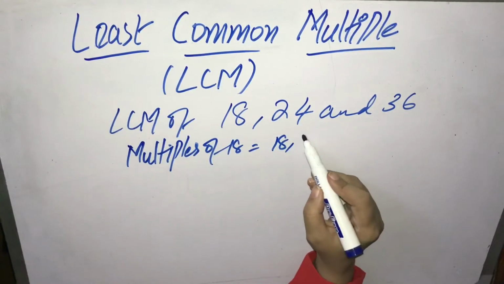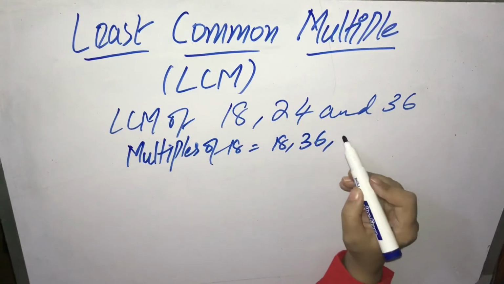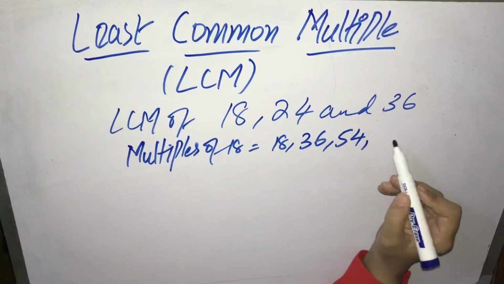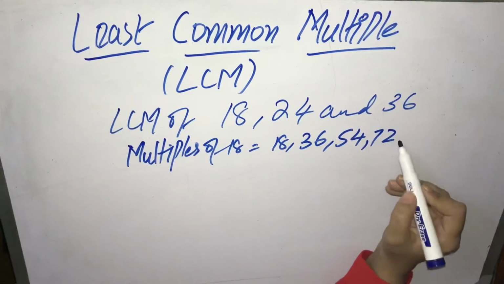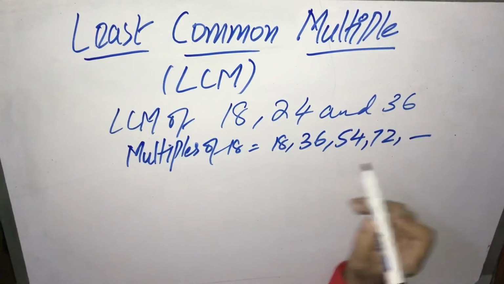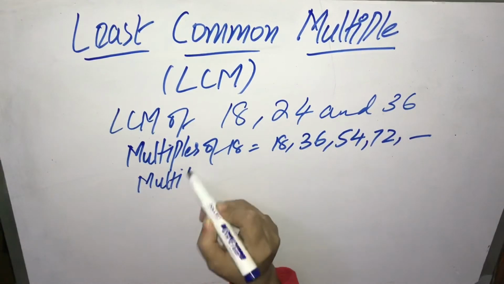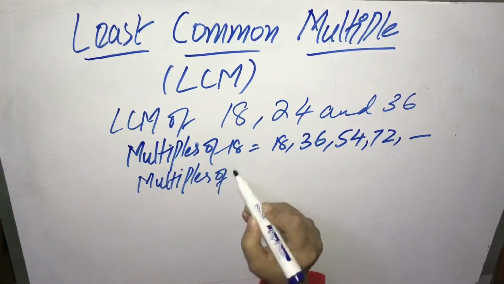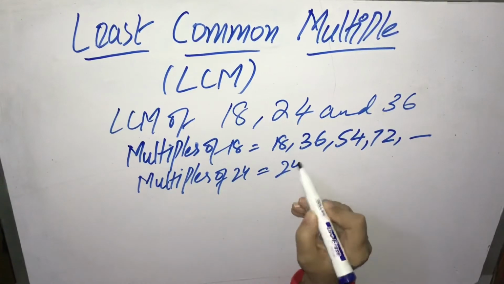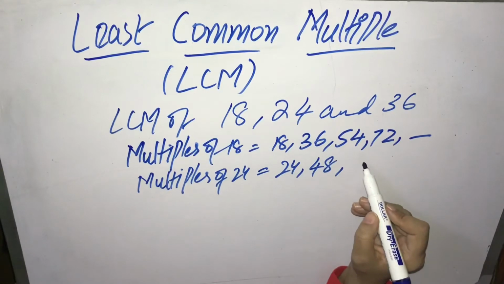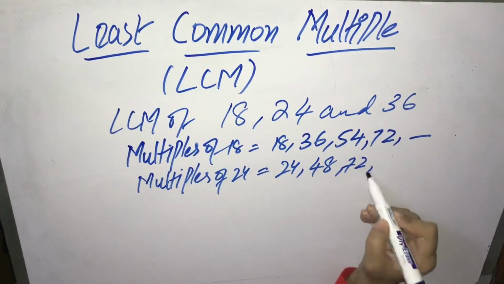18 2s are 36, 18 3s are 54, 18 4s are 72. Okay, I go ahead. Multiples of 24, 24 1s are 24, 24 2s are 48, 24 3s are 72.